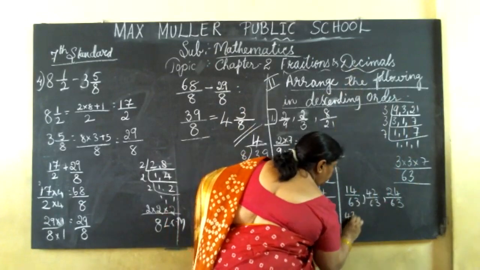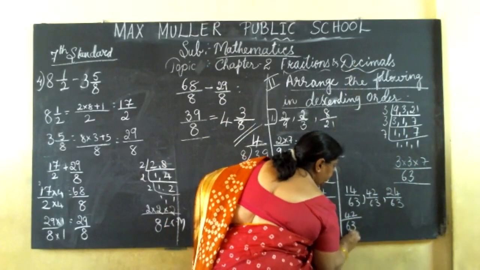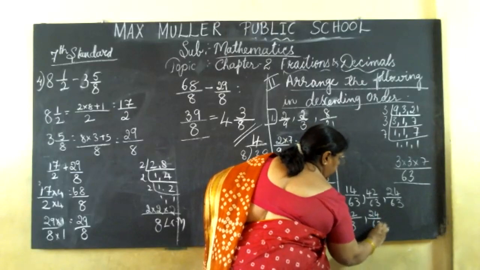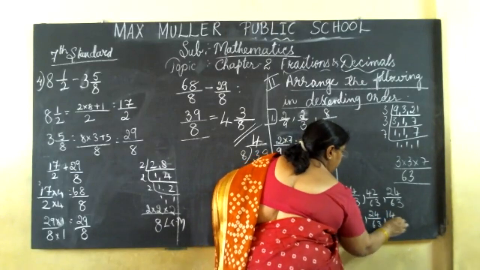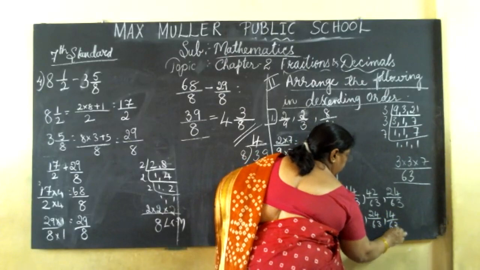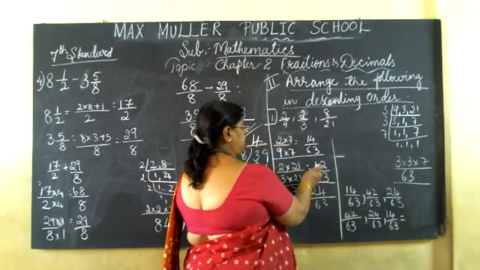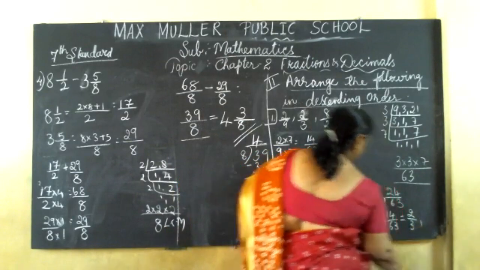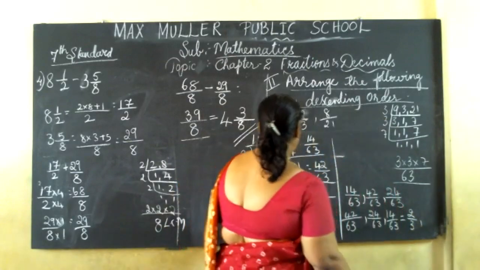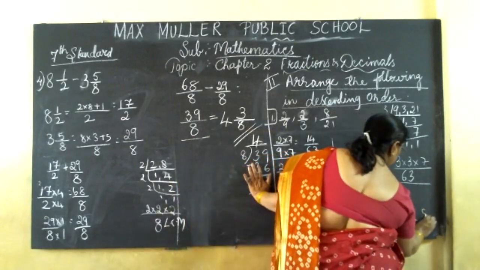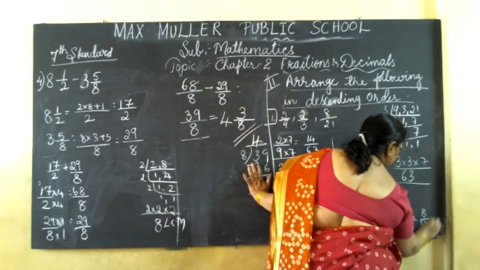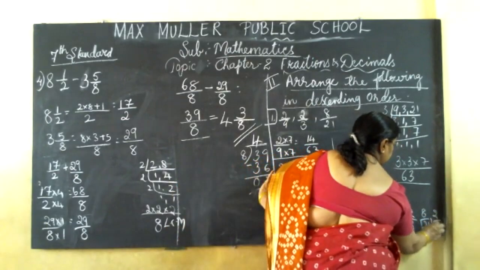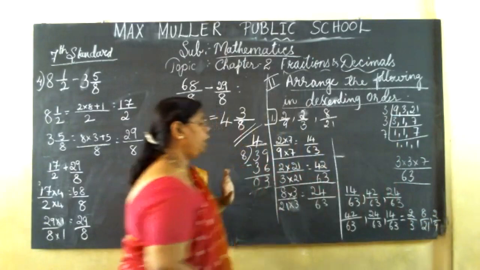So 42 by 63, 24 by 63, and 14 by 63. 42 by 63 means 2 by 3. 24 means 8 by 21. Then 2 by 9.